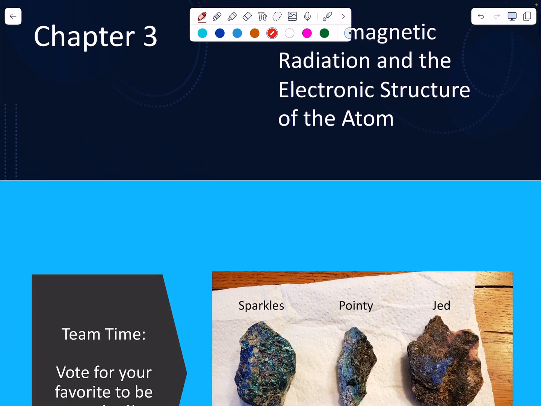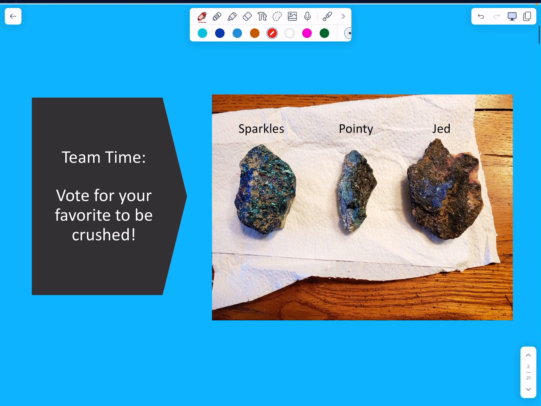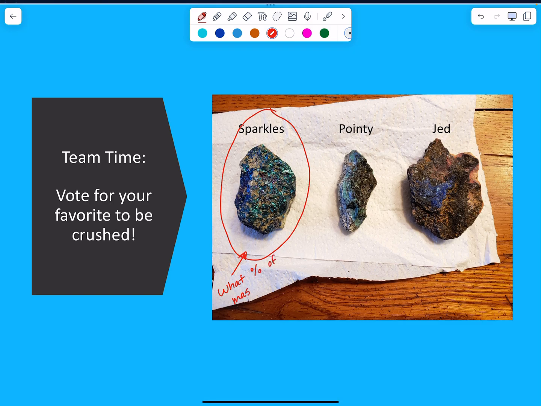All right. So in lab this week, you are going to be determining what percent of the mass of sparkles is actually the element copper.